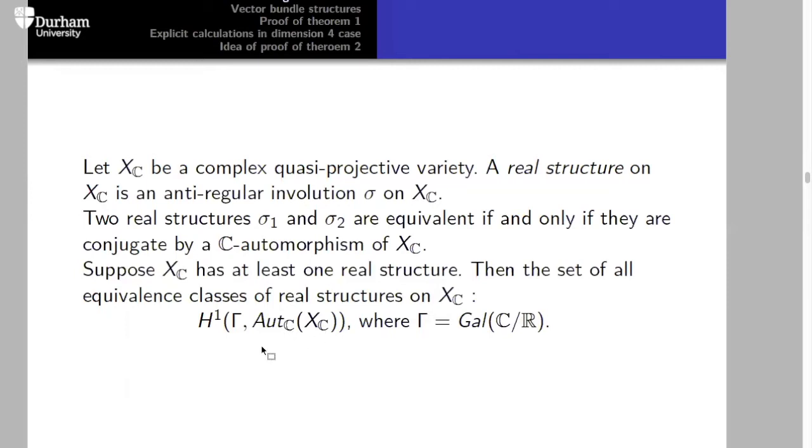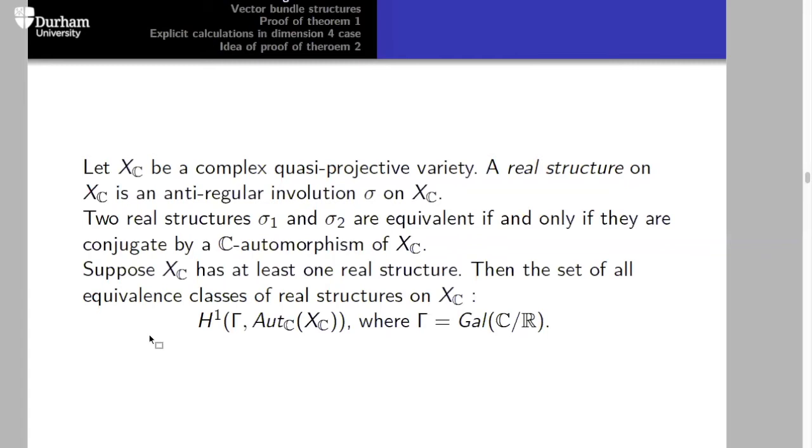In the examples of Lesieutre, Dinh, and Oguiso, this automorphism group has a very unusual form, and they can therefore use the fact that it's big enough to find many different anti-regular involutions, and then use its structure to show that they're not equivalent.